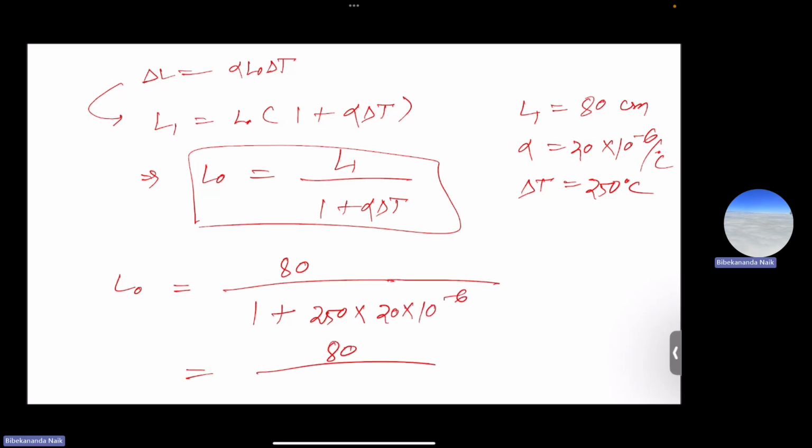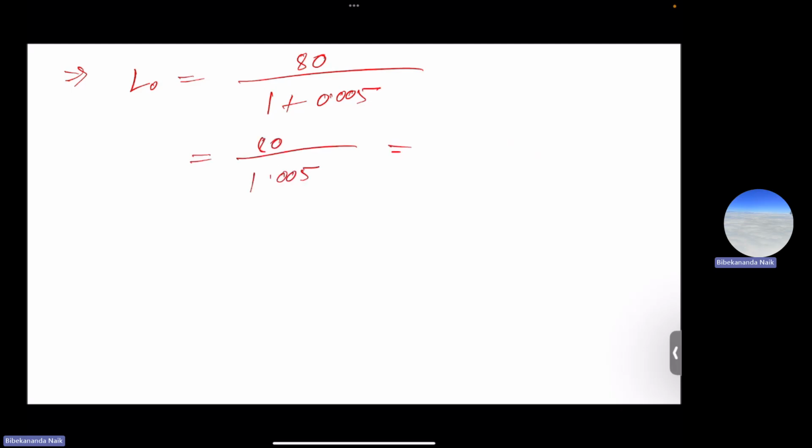That is 80 divided by (1 plus 250 into 250, so 5 into 10 to the power minus 3), which is 80 divided by (1 plus 0.005). So L0 is 80 divided by 1.005.